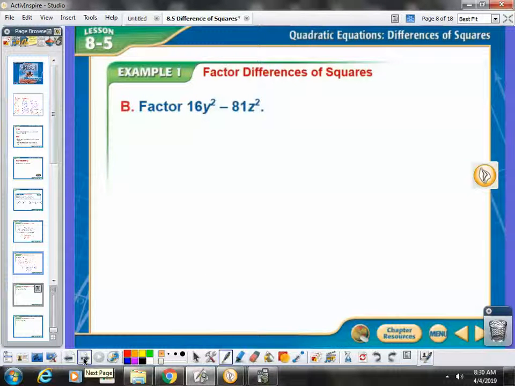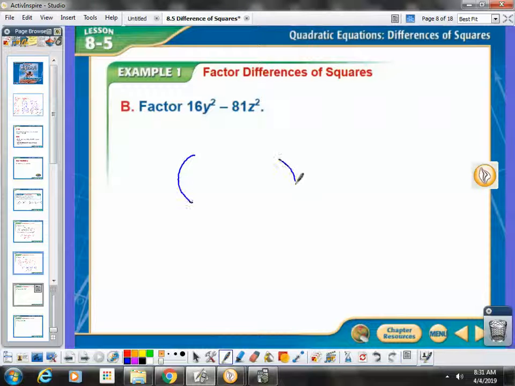How about this one? 16y squared minus 81z squared. Do I have a perfect square minus a perfect square? Yes. 16 is a perfect square, so is y squared. I've got my minus. 81 is a perfect square, and so is z squared. No big deal, there's a coefficient.